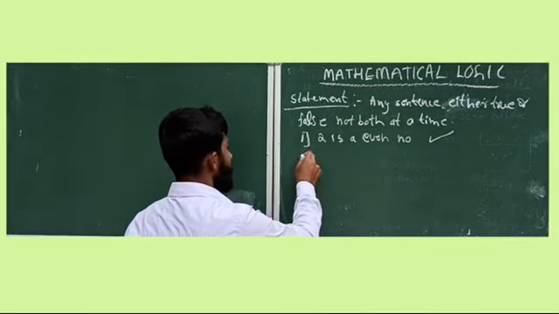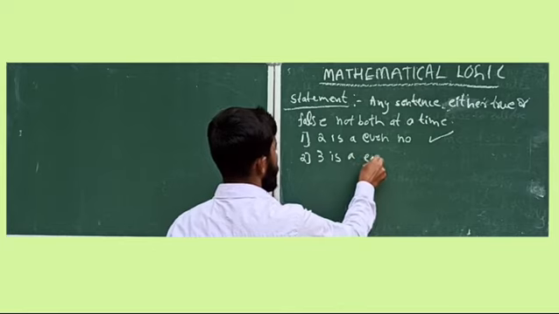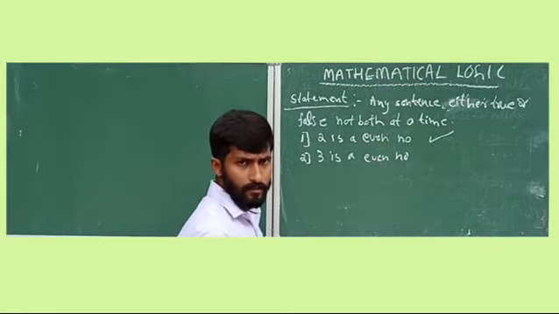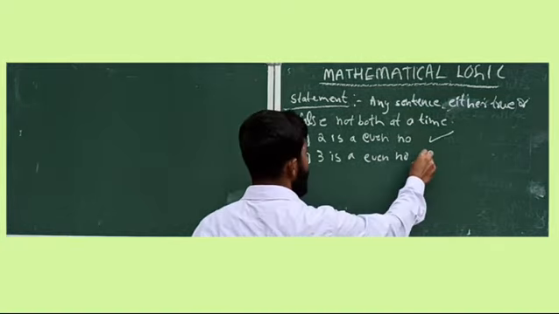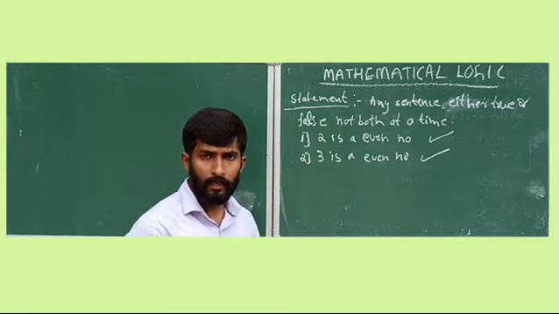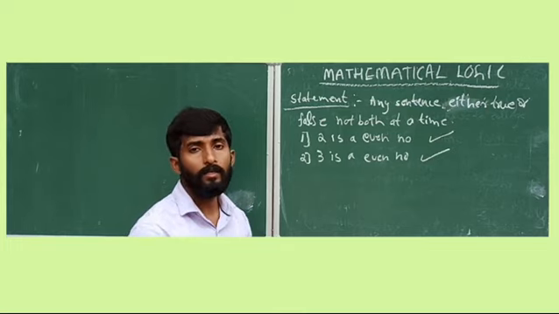Second, I am taking: 3 is an even number. True or false? It's false. The statement has only one value, that is false. Therefore this is also an example for a mathematical statement. Clear? Any sentence is a mathematical statement if it is either true or false, but not both.